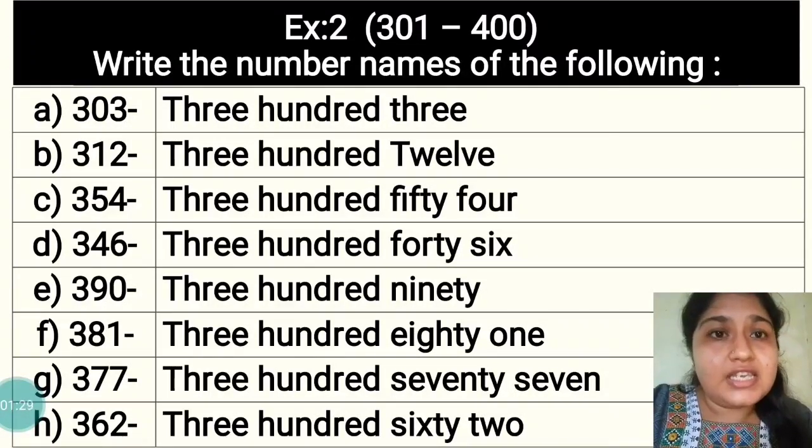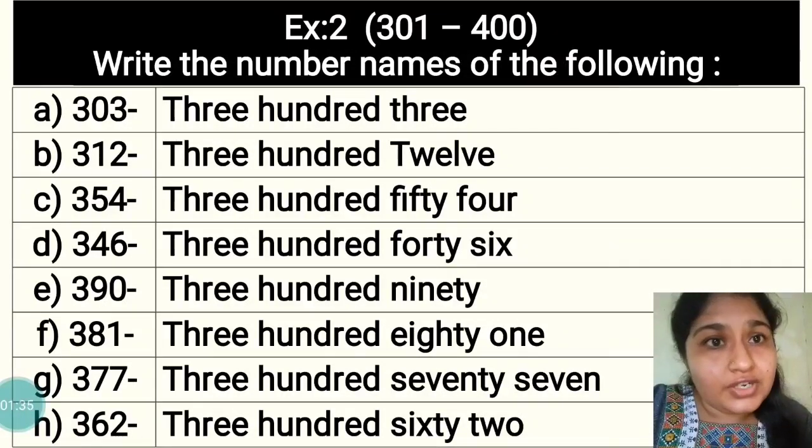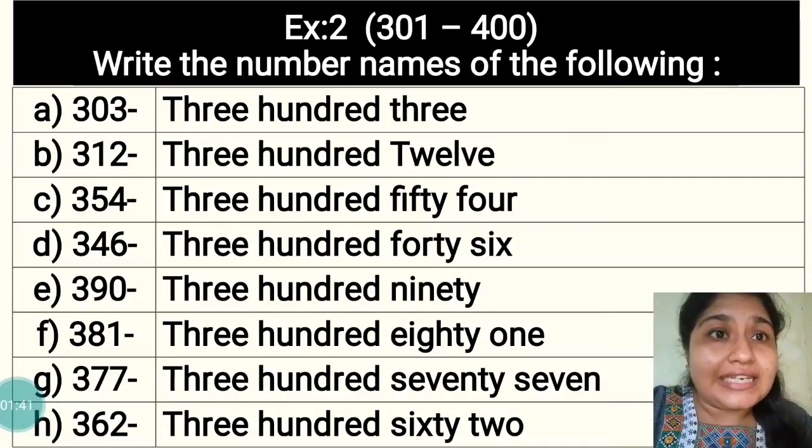So students, here you can see in the first exercise, we were writing 200. In this exercise number 2, we are writing 300. हम यहाँ पे क्या लिख रहे हैं? 300.